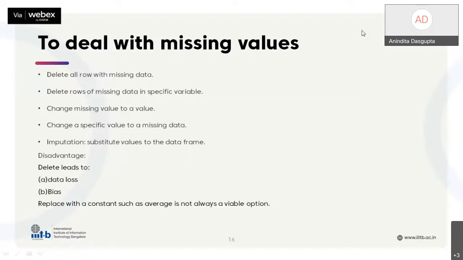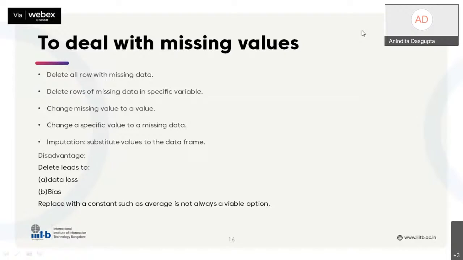So it will lead to highly biased analysis, because only one section of the population is represented and the other sections are missing.